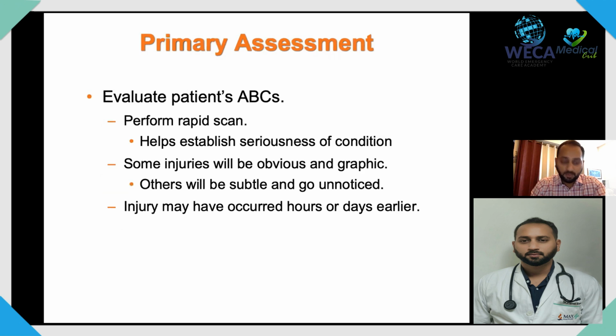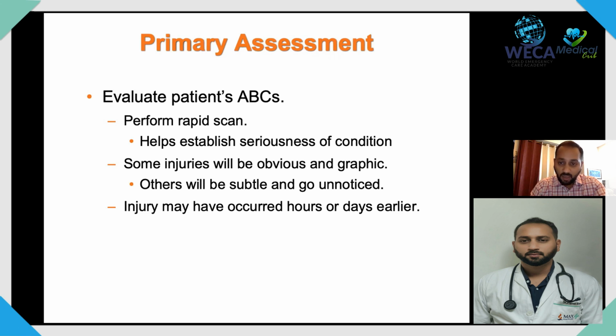Coming to the primary assessment, it always has to go with ABCs: airway, breathing, and circulation. A rapid scan should be done. That will establish how serious the condition is. Some injuries may be very obvious, very graphic, others may be subtle, and thereby they may go unnoticed.